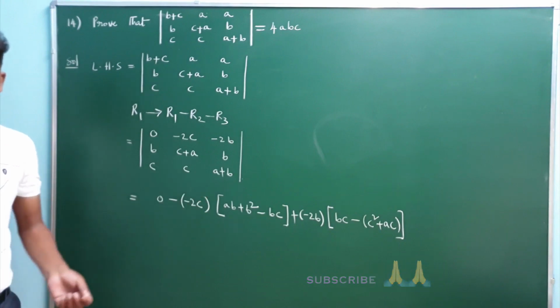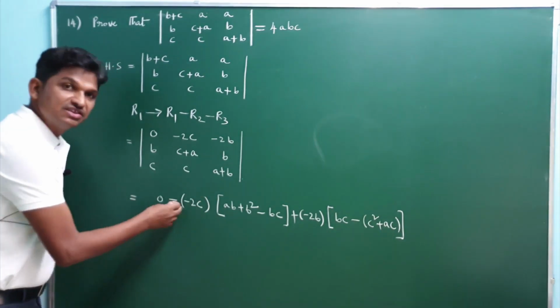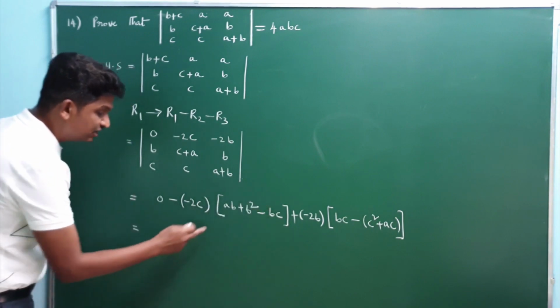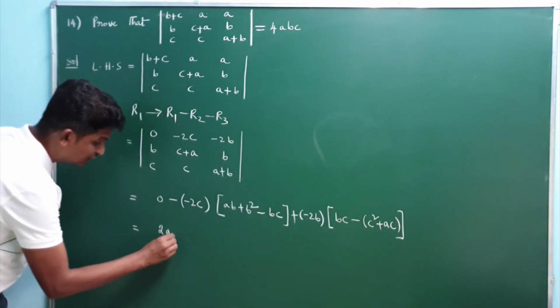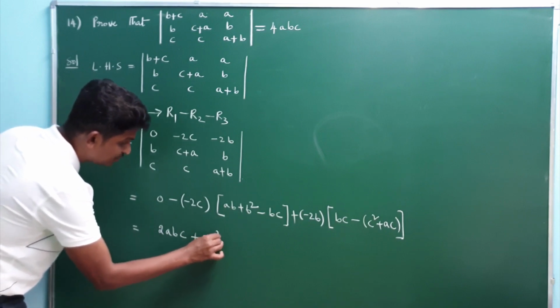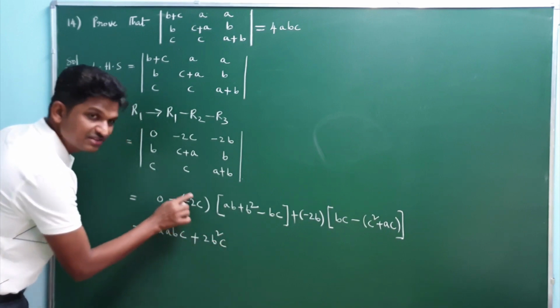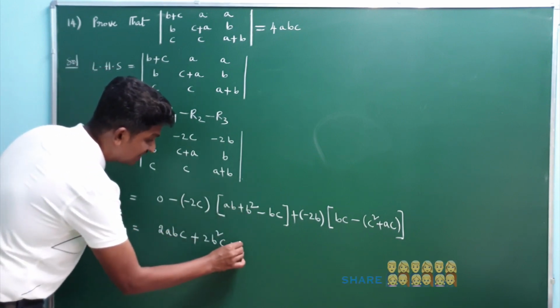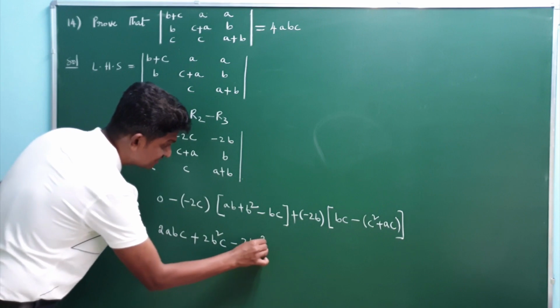Now I'll simplify this further. Let's see what happens. This minus of minus is plus. This is 2C. Now multiply 2C into all these elements. What you will get? This is 2ABC plus 2B square C. This is plus 2C now, 2C into this element, that is 2C into B square, minus 2BC square.